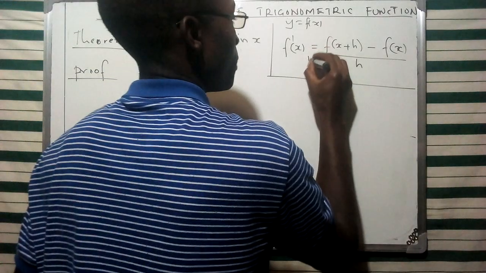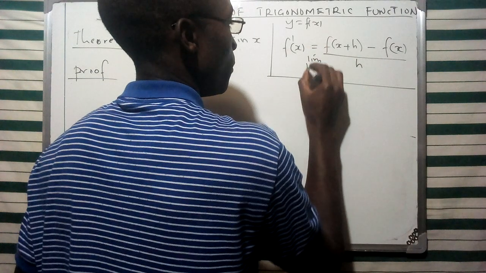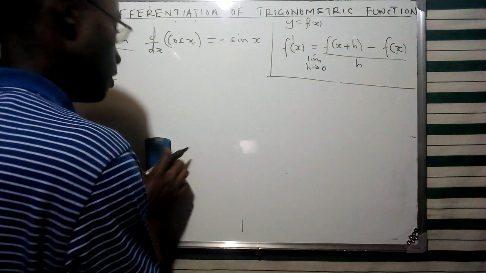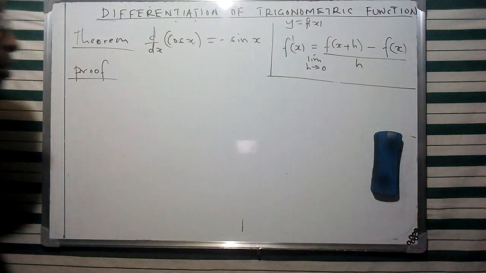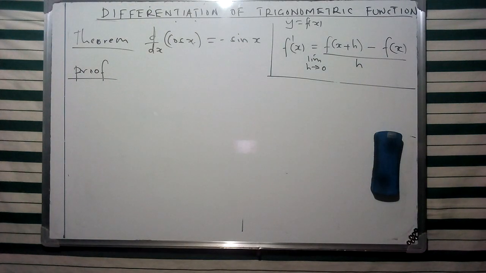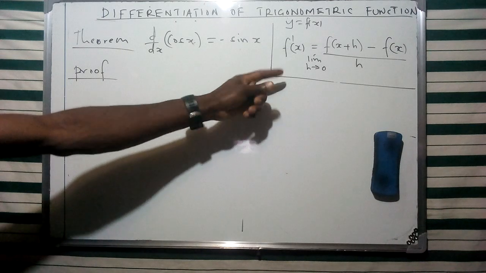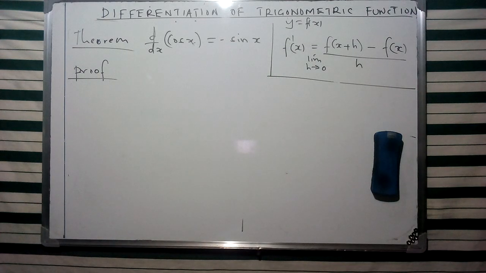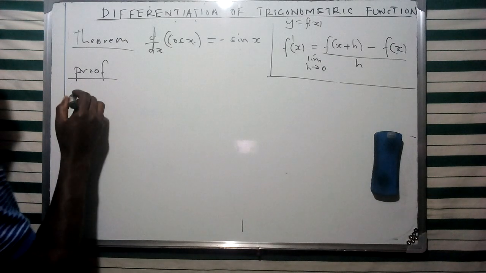And as we said, this is going to be the case as the limit of h tends to 0. So we're going to use an analogous strategy of using this specific definition of the derivative in order for us to confirm whether this is true.